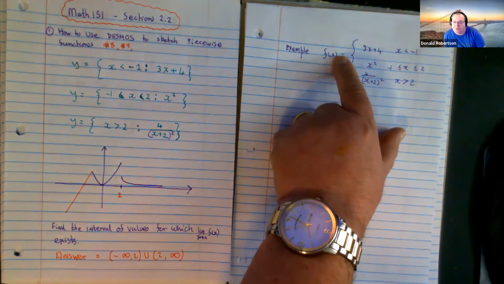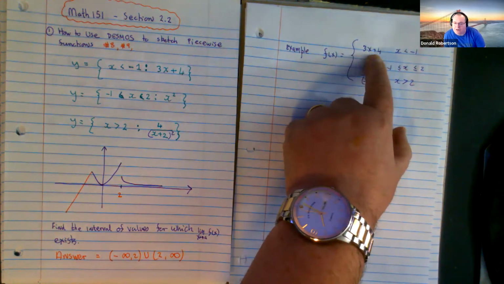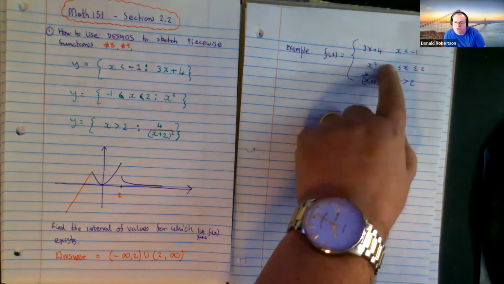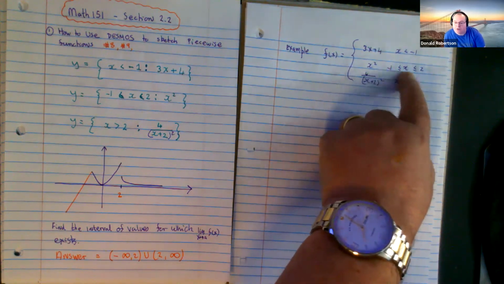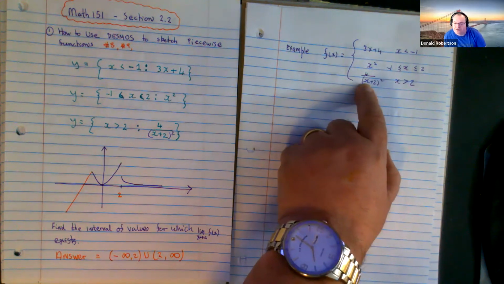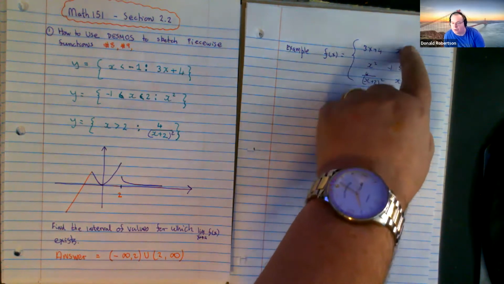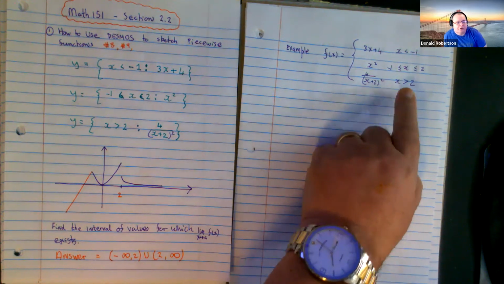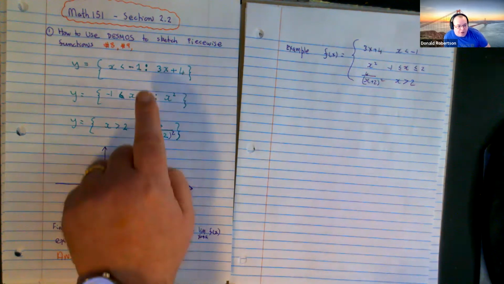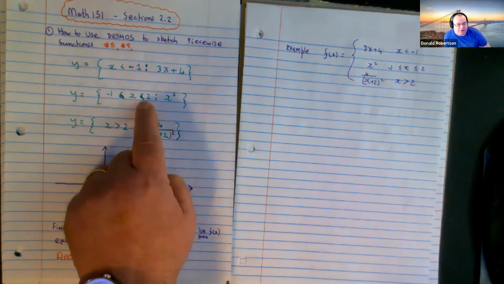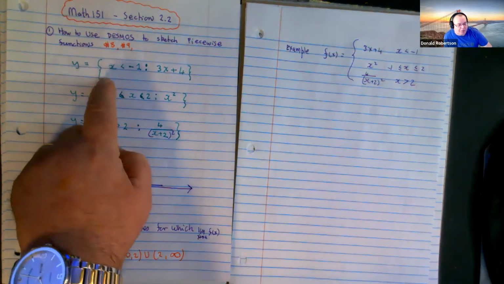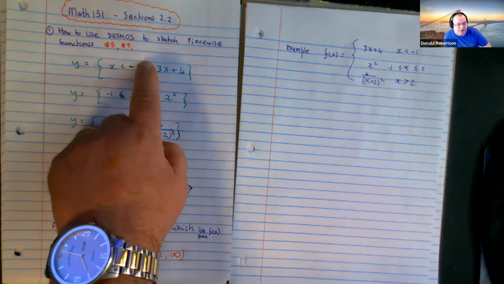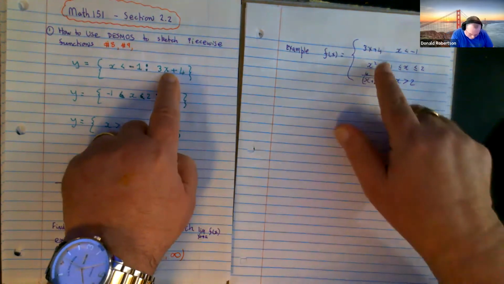So suppose with this piecewise function, the function takes the values 3x plus 4 when x is less than -1. It takes the values of x squared when it's between -1 and 2. And it takes the value of this fraction when x is greater than 2. So we call these piecewise functions. Now, essentially, in Desmos, you will write y equals, curly brackets, this guy, a colon, and then the first equation.